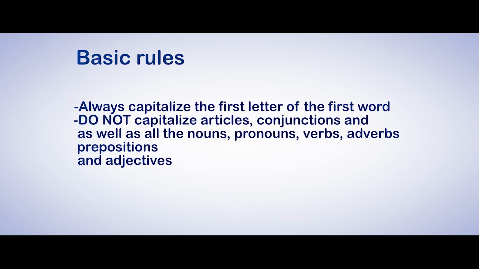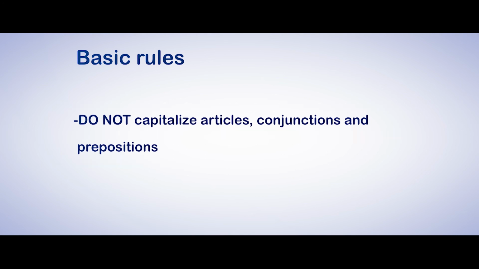And rule number 2, do not capitalize articles. Articles, very easy to remember, A and D. And then we say conjunctions. But when it comes to conjunctions, it becomes quite tricky. Because we have 2 types of conjunctions. We have coordinating conjunctions and correlative conjunctions. So, students usually have problems here.